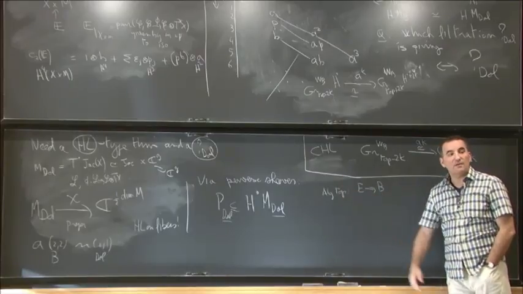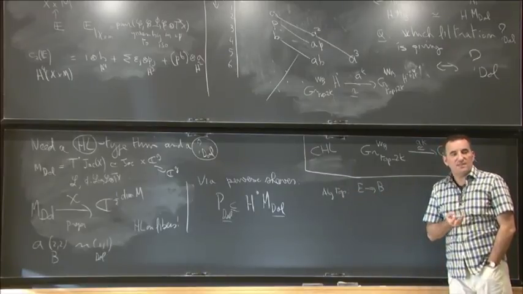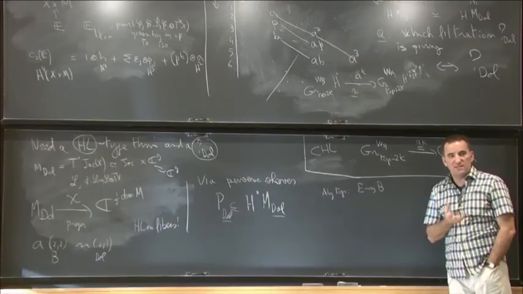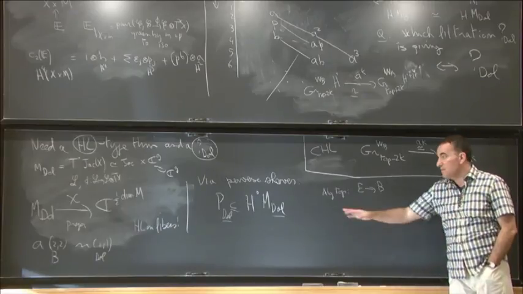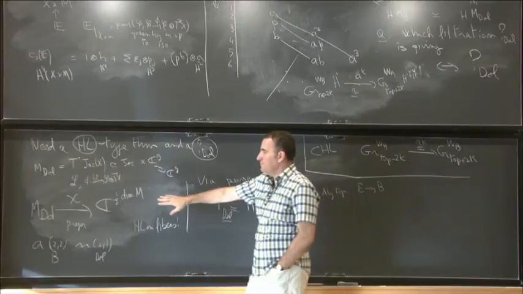You can do something similar here, but not with the cells, which are objects that don't exist in algebraic geometry, but with some algebraic varieties inside of here. Let me skip that.